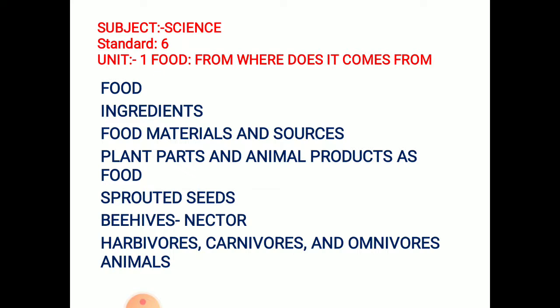Dear students, in this chapter we are going to learn about food, ingredients, sources of food materials, different parts of the plant and animal products we use as our food, sprouted seeds, beehives, nectar, and animals divided into different categories according to their food habit, like herbivores, carnivores, and omnivores.